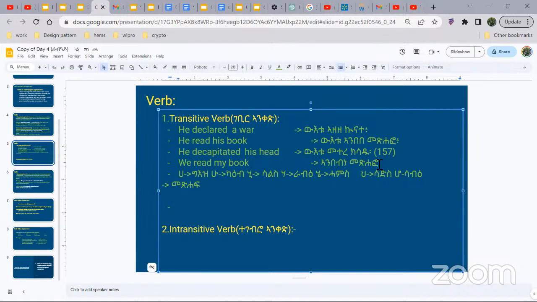You are not giving any clue whether it was my book or his book. You are not declaring the possession. If you say my book, his book, our book, you are showing the possession.